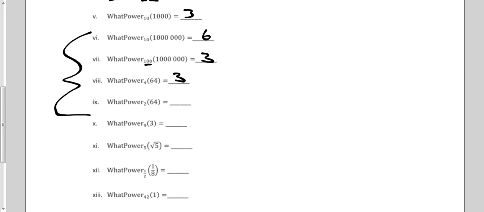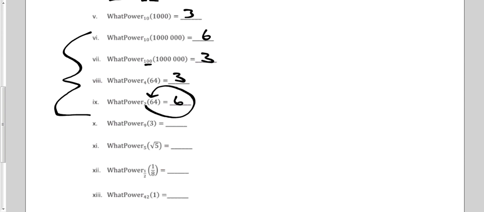But this is going to help you. We're going to call this the log roll because I'm rolling. This is going to help you keep straight what it is we're doing. It is 2 to what power gets me 64? Right? 6.